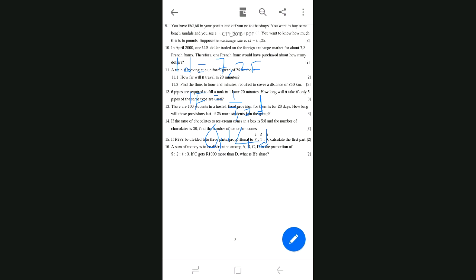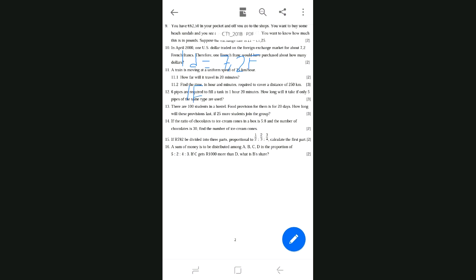You don't understand. But it is the same as the first one. There is no difference from the first one. I'm making the dollar D. $1 is equals to 7.2 French franc. I'm making that one F. So now if I have 1 franc, it's just like dividing here by 7.2.